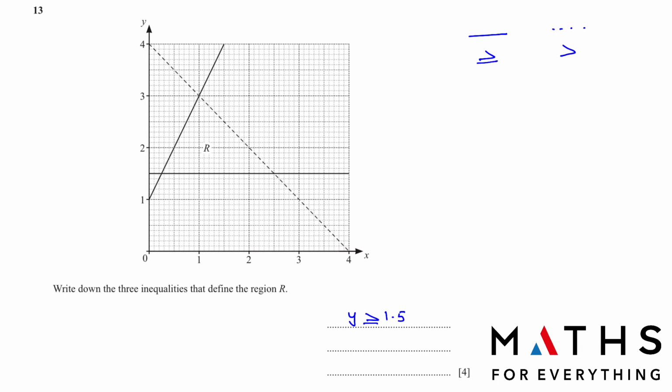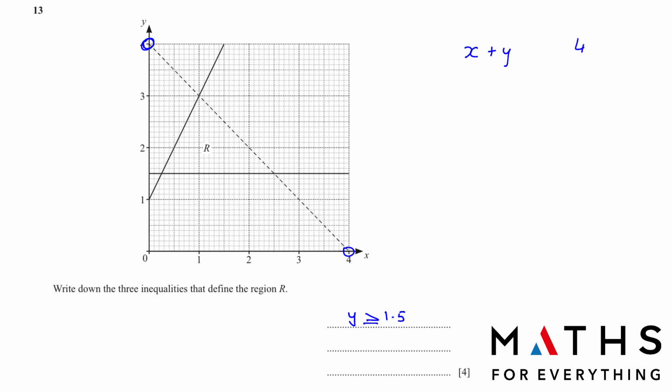Now for the second line. Second line you have, there's a 4 here and a 4 here. So it is going to be x plus y and 4. We just have to know whether it is more than or less than. It's a dotted line, so it will not be double line. Choose any point in the region.